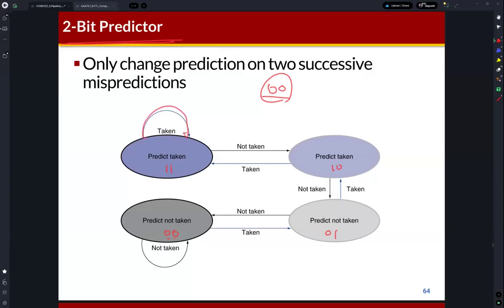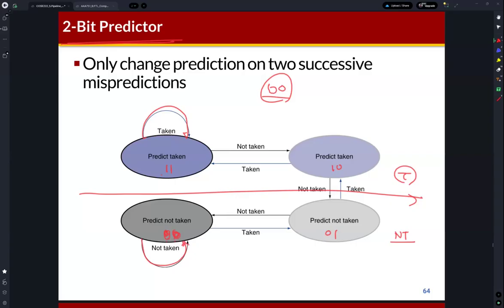You can find here. So what does that mean? If the value of this branch prediction buffer is 11 or 10, then we predict the result is taken. And if the value is 00 or 01, then we predict the result of the branch instruction is not taken, NT.